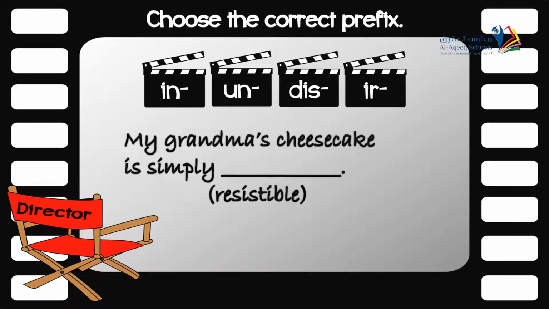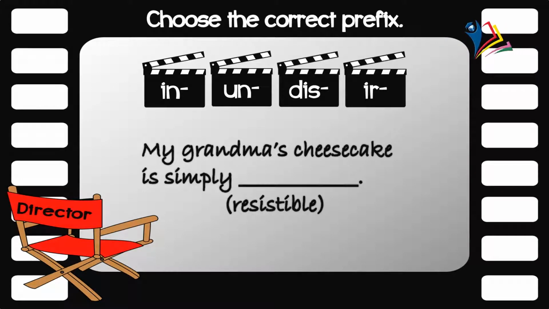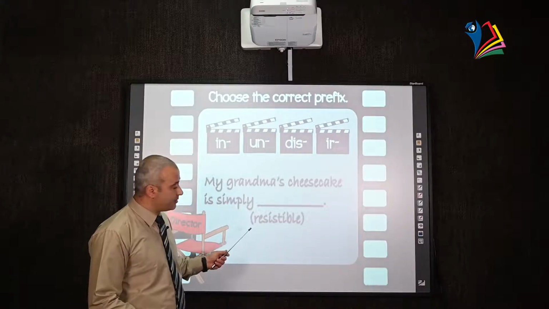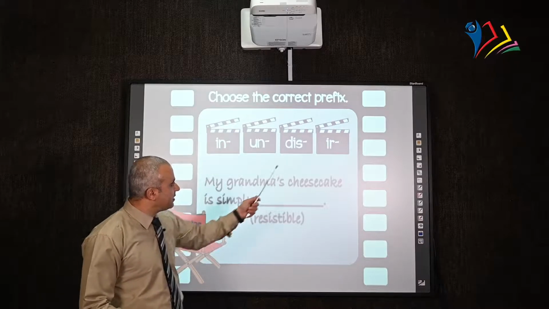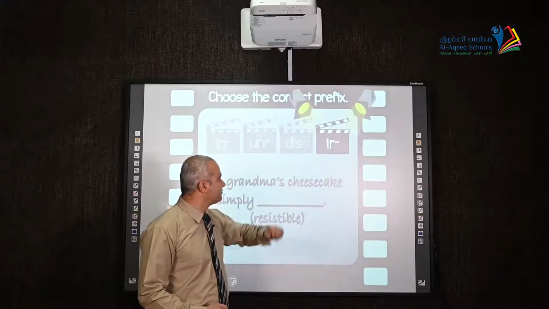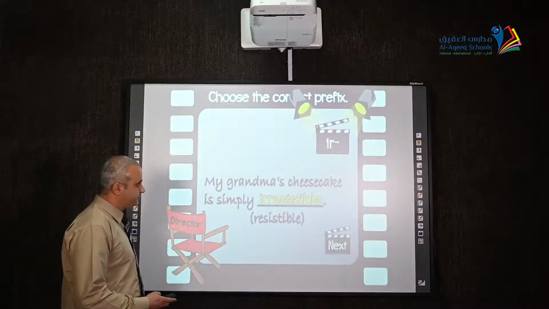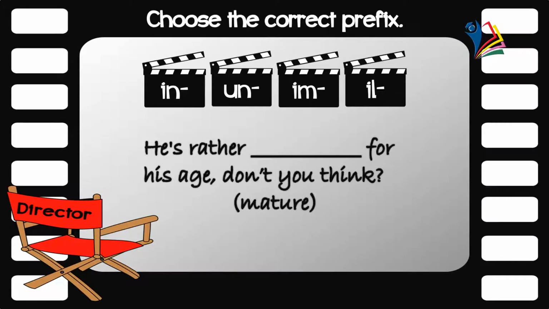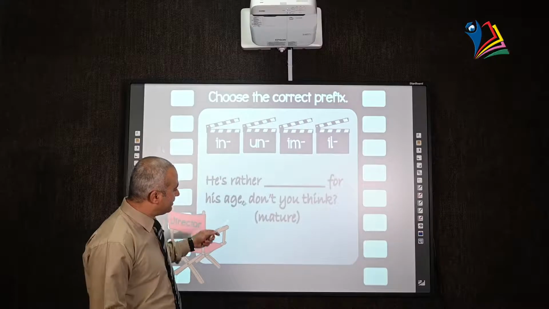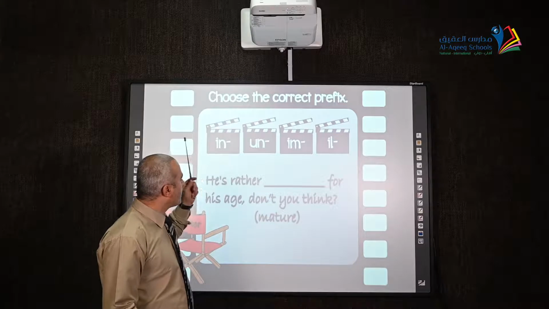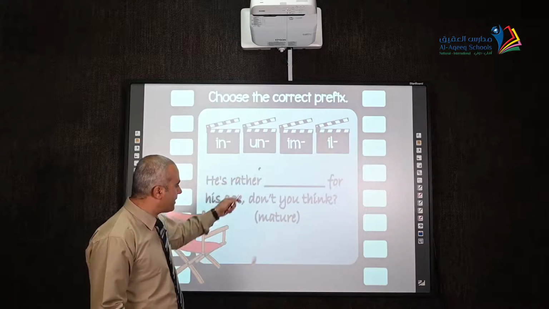In, un, dis, ir. My grandma's cheesecake is simply irresistible. The word root here begins with the letter R, so the correct one is to use ir with R. Irresistible. Okay. In, un, im, il. He's rather immature for his age. Don't you think? Mature begins with the letter M. So the right negative prefix is im, because the word root begins with M. Immature.